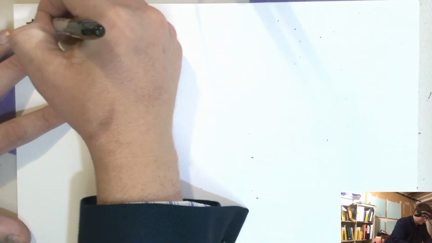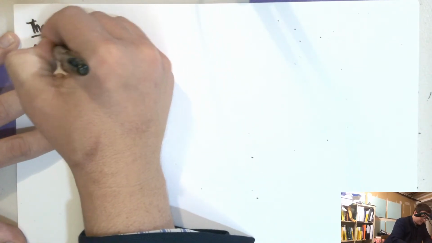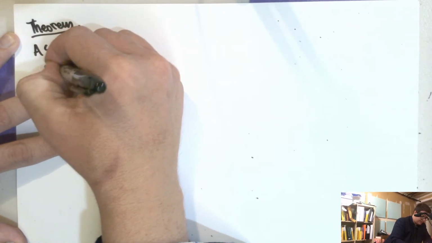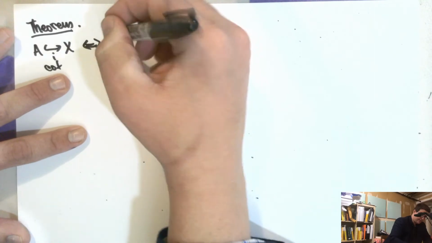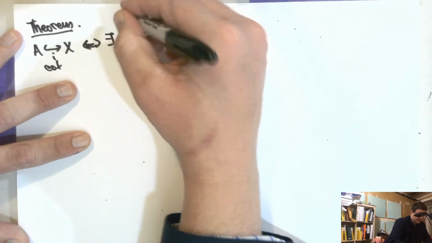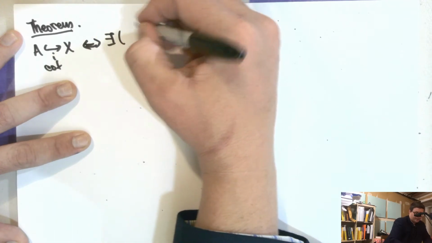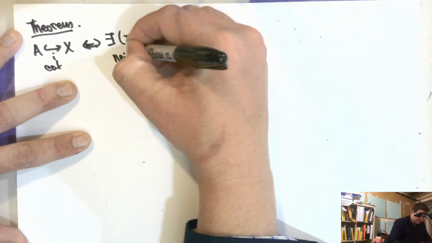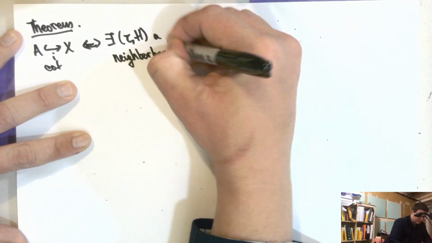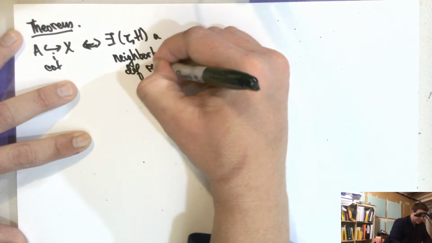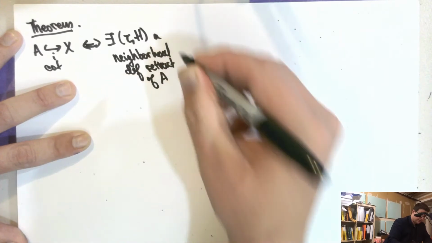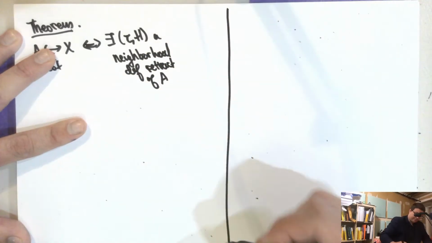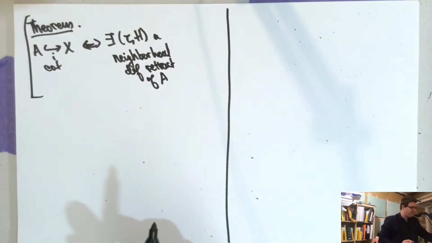The theorem is that here, this is a cofibration if and only if there exists some tau h, a neighborhood deformation retract of A. Okay, so all right, so let me say a little bit more about this.